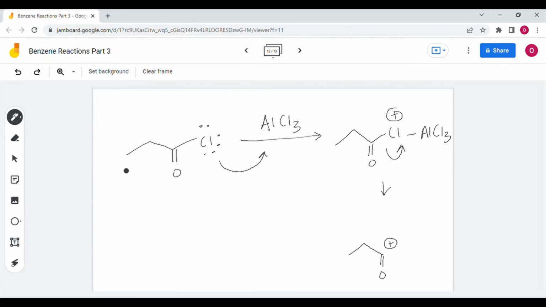However, keep in mind that this oxygen has two lone pairs of electrons. So because of that, this molecule can actually undergo resonance. So what happens is that this electron can go down here, thus resulting in this resonance structure. Specifically, now we would have a triple bonded oxygen with a plus charge. So because of this, this actually prevents a hydride shift from occurring.